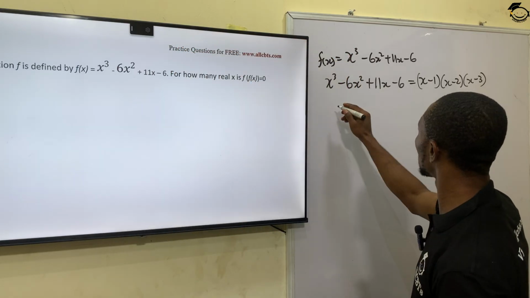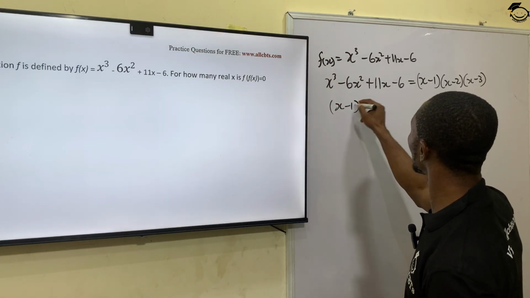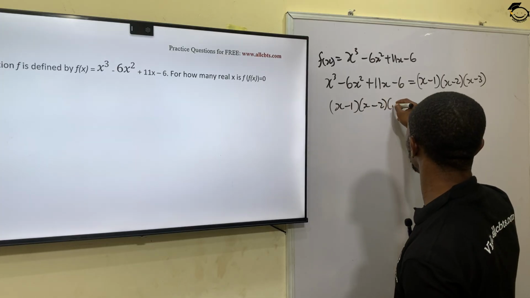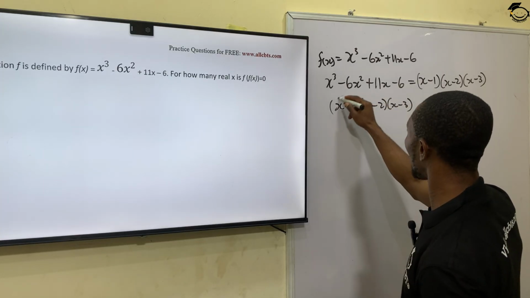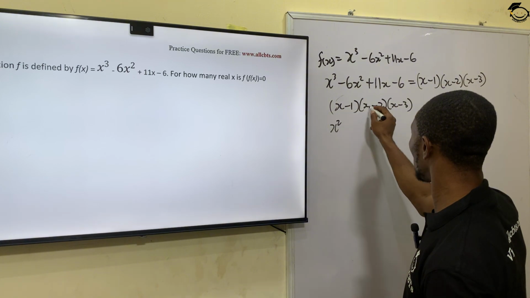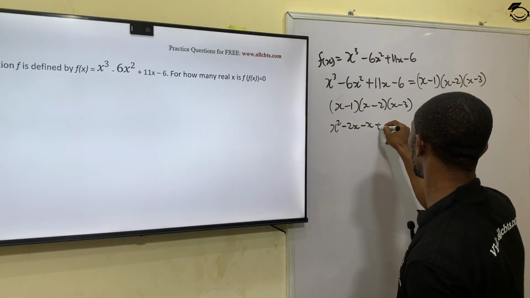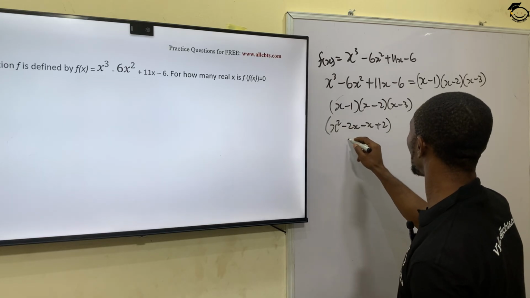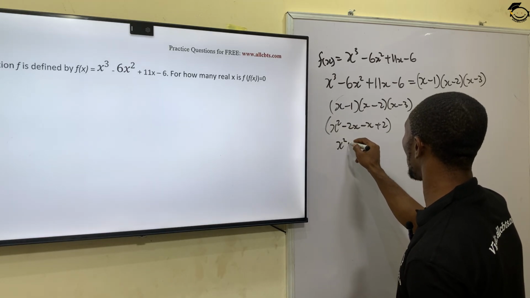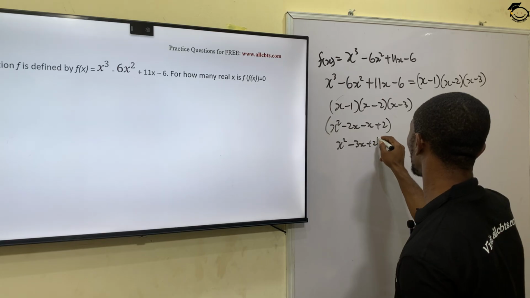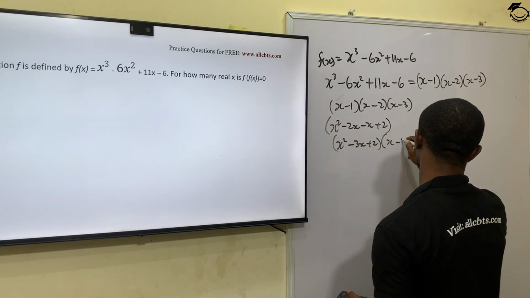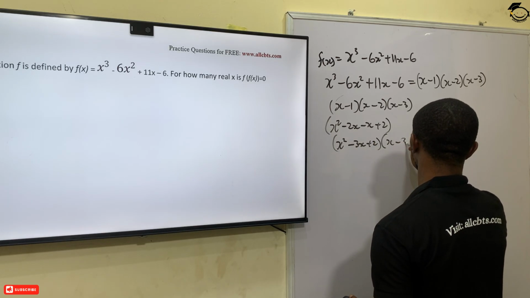So we have it as (x minus 1)(x minus 2)(x minus 3). x times x gives us x squared, minus 2x minus x plus 2. This will simplify to x squared minus 3x plus 2 times x minus 3.